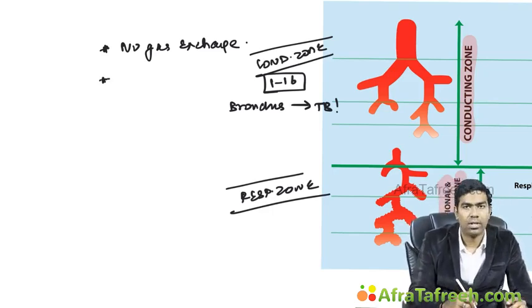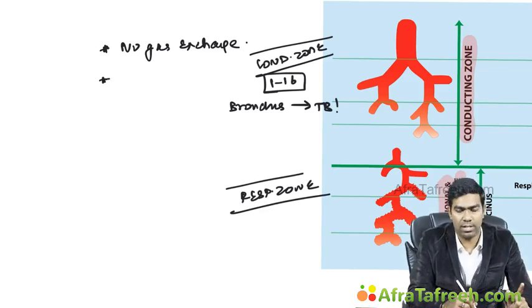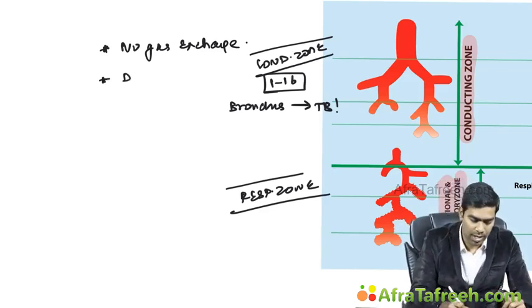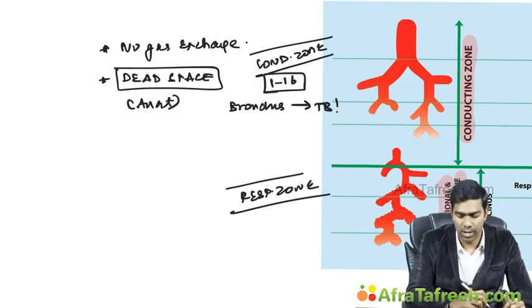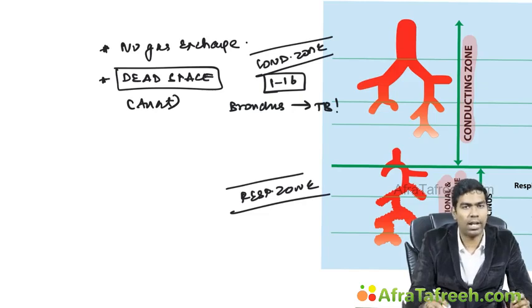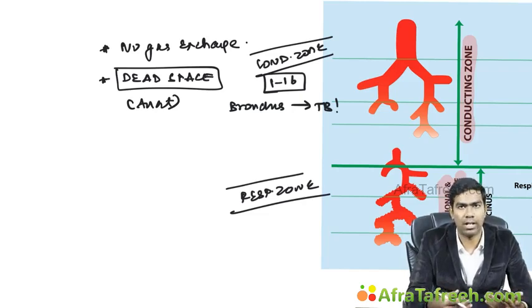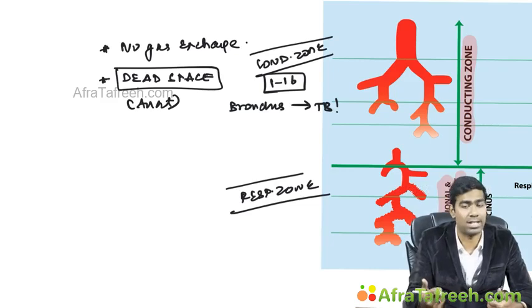Second thing, if there is no gas exchange happening in the conducting zone, they are the ones that contribute to the dead space. That is nothing but the anatomical dead space. Clear? Later on we will see how it is found out. Anatomical dead space is calculated with the help of Fowler's method, which is the single breath nitrogen washout method, which we'll discuss in detail later on.